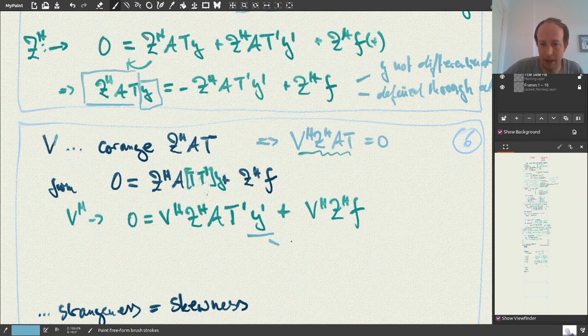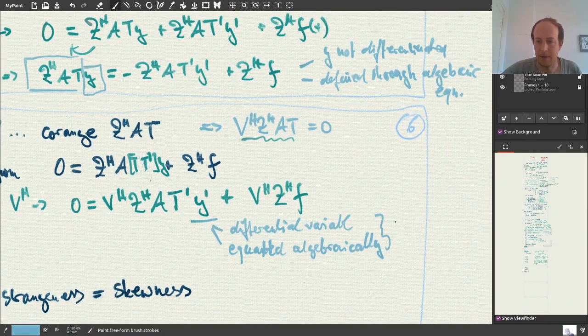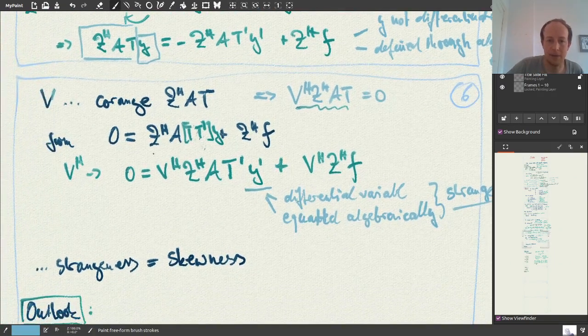So what we have here, differential variable equated algebraically, and both that together, this is strange, as they call it. Strangeness. And in fact, that's also why this part here defines the strangeness.